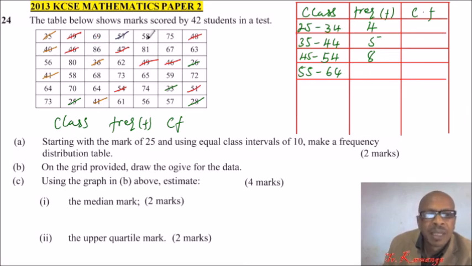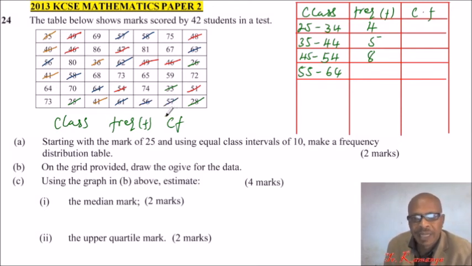So we have 1, 2, 3, 4, 5, 6, 7, 8, 9, 10. Let's see whether we have another one which we have left out.